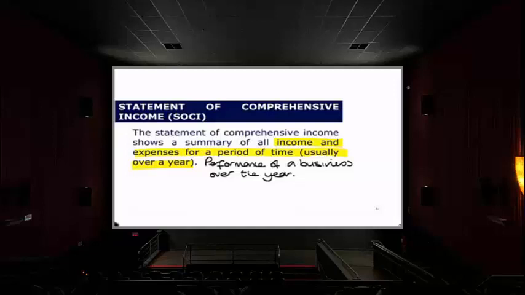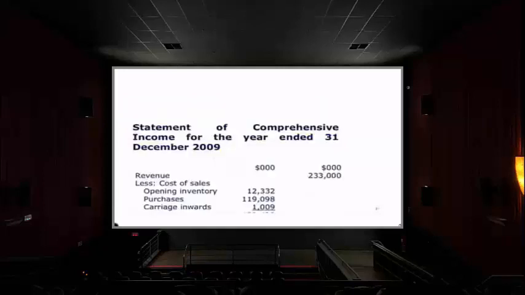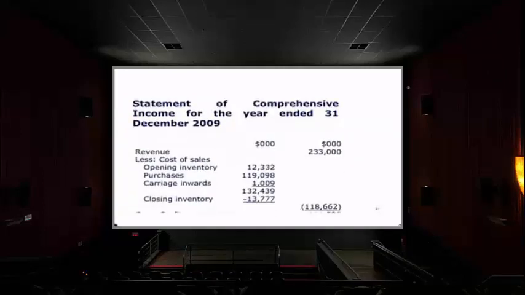It summarises all of the income and expenses of a business for the year, and shows a profit or loss at the bottom. This is really one of the most important things you can learn in F3. So let's take a look then at the statement of comprehensive income.